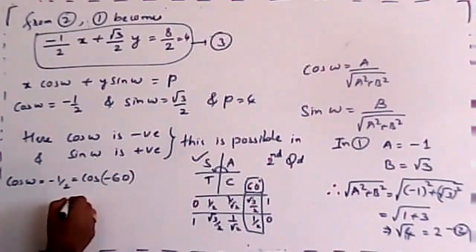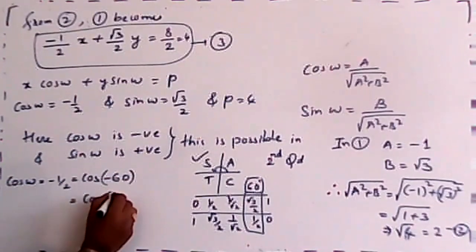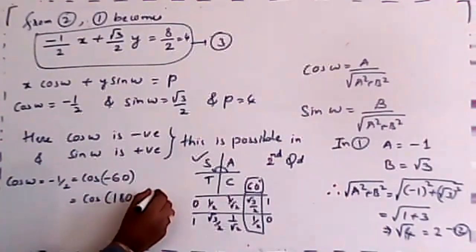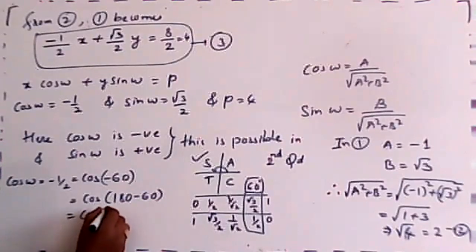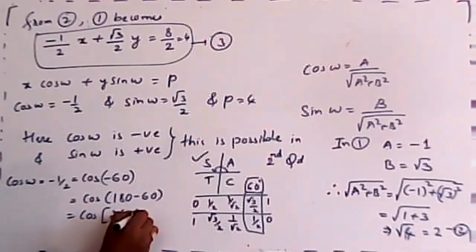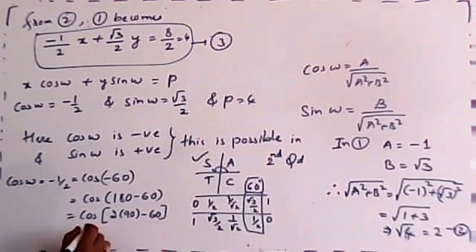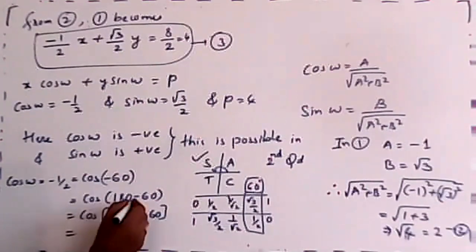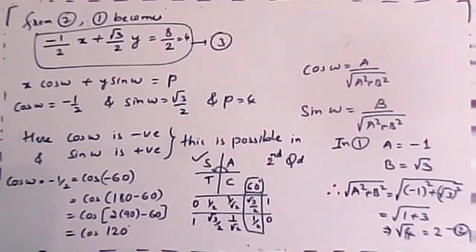This I can write as cos of 180 minus 60, nothing but cos of 2 times 90 minus 60. Nothing but it is minus cos theta only. Both same it is, right? Then you will write what? 180 minus 60 means cos 120. Correct?